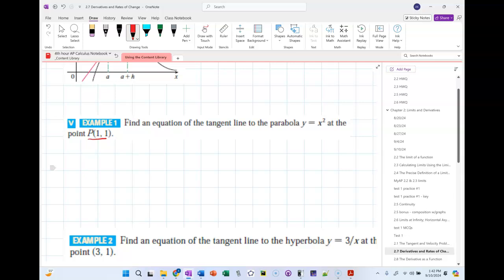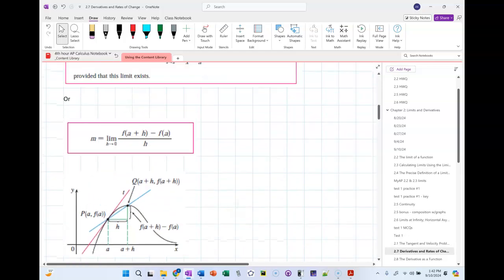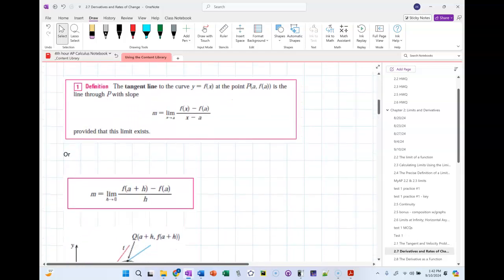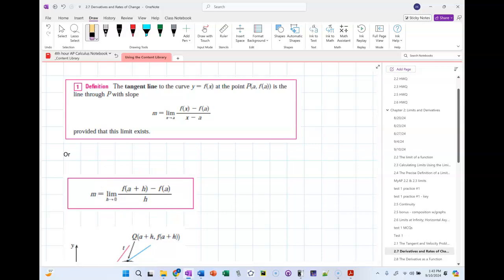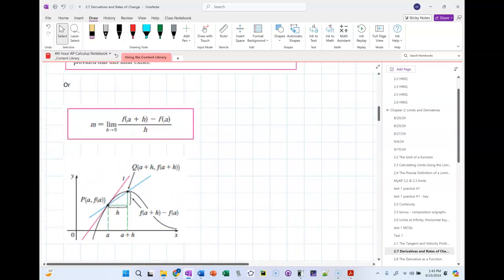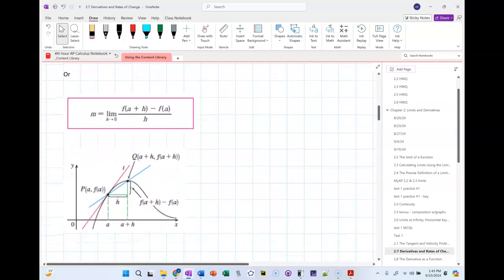So let's do that. It doesn't matter which form I use. I'm going to use this one, though, as I think it's the more common application.